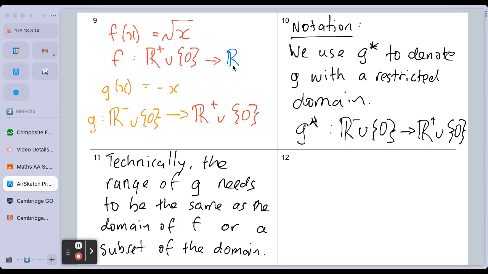Anyone who wasn't here today is looking back at this saying, what has Richard been drinking at lunchtime? What's going on with his handwriting? Or a subset of the domain, okay? A subset of the domain.